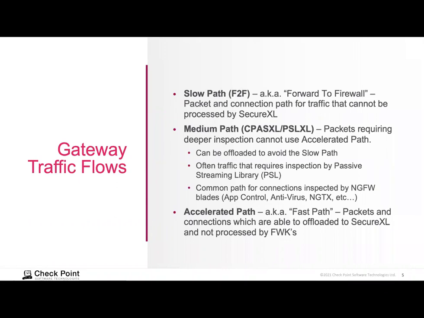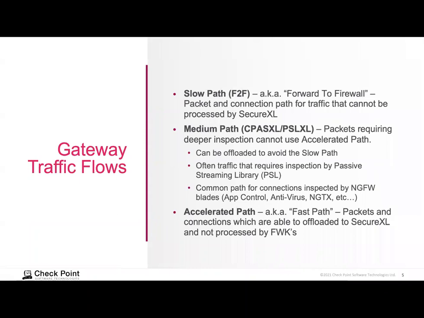The medium path is a little bit more of a gray area, and I'm going to spend a bit of time clarifying that. But this is basically packets and connections that require deeper inspection that cannot fully utilize the accelerated path the whole way through. So this is usually traffic that has to get offloaded to our passive streaming library.